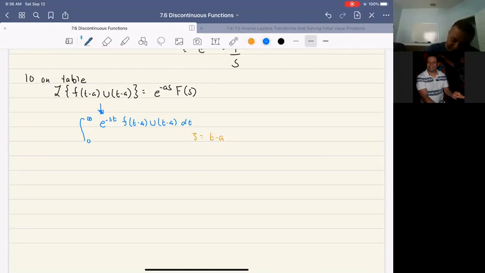All right, so if we do that substitution, this goes from a to infinity. Our t becomes tau plus a, f of t minus a becomes f of tau, and then the u of t minus a I can disregard, because it's equal to 1 on that whole interval. Okay, so now I'm going to go ahead and pull out the e to the negative sa. That doesn't depend on tau, so that's not in the integral.